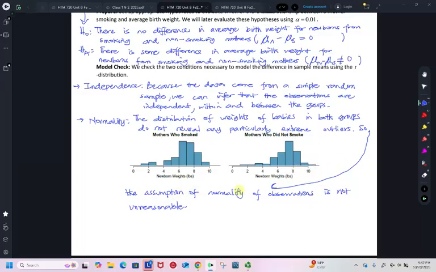The assumption of normality of observations in that case would not be unreasonable. And that appears to be the case in these two cases. We don't see any extreme values above or below for the separate distributions represented by the histograms.